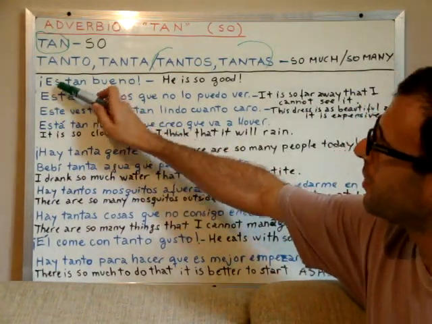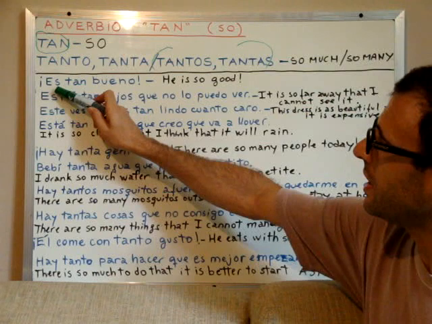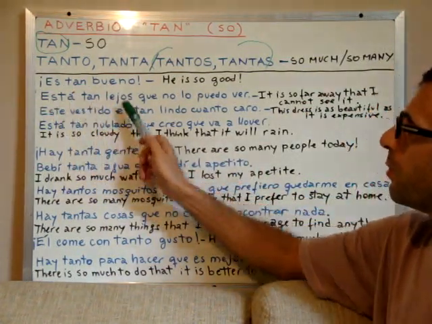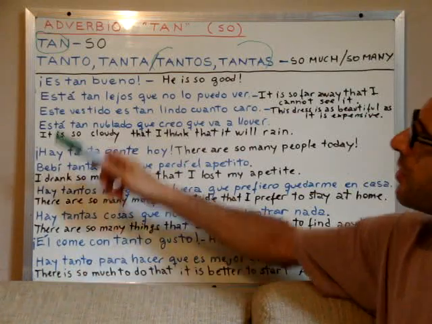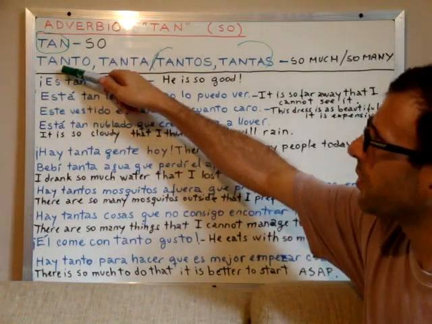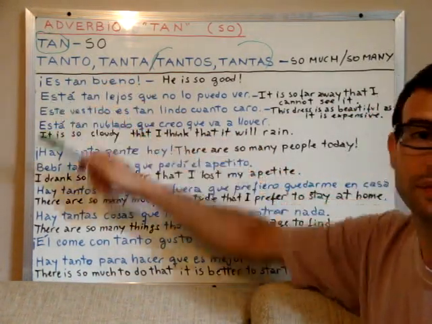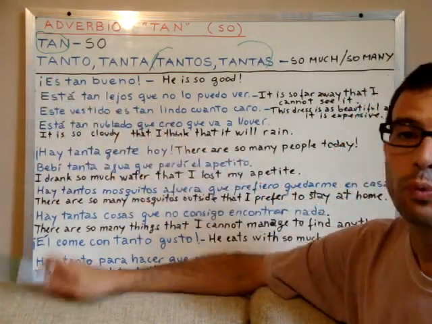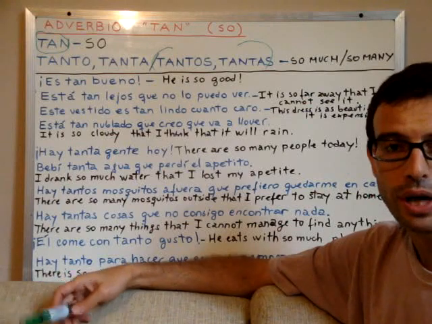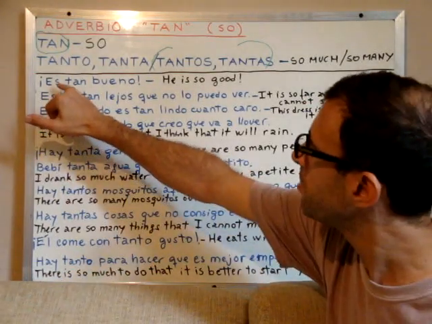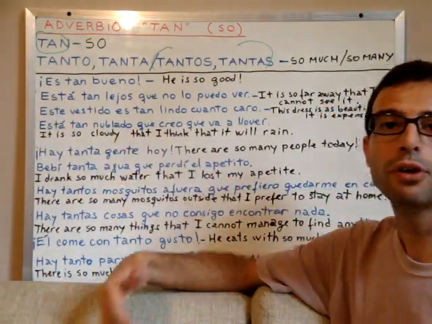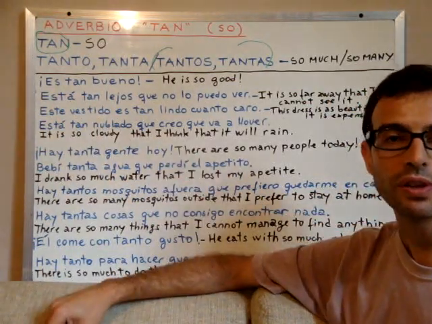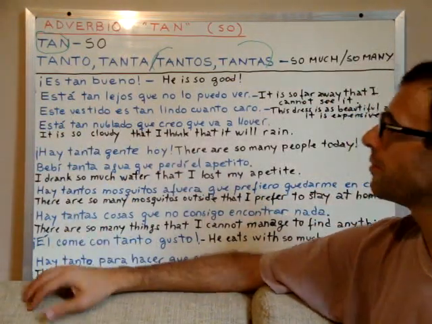Here we say he is so good, and here we say it is so far away, right? So, what makes us determine whether this is a he and this is a it? Just the context, okay? Because here actually we are omitting the pronoun, because the pronoun is implicit in the verb. The verb tells me the subject is the third person of the singular, he, she, or it.